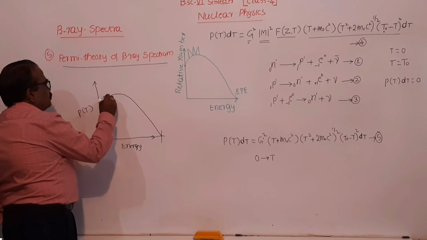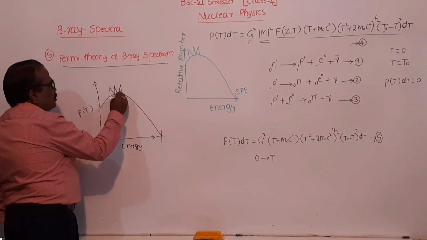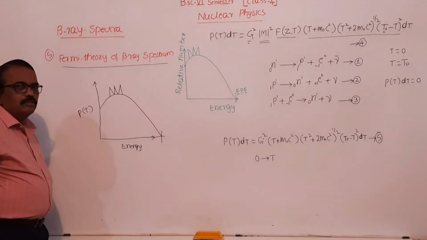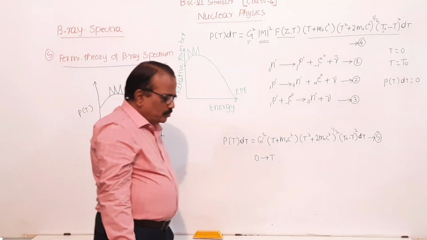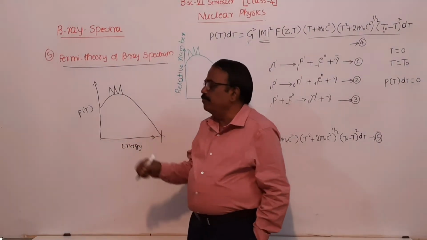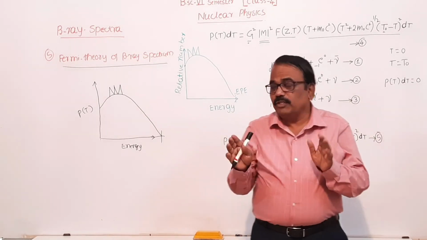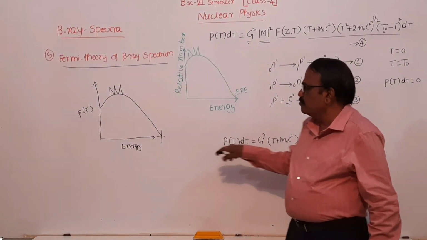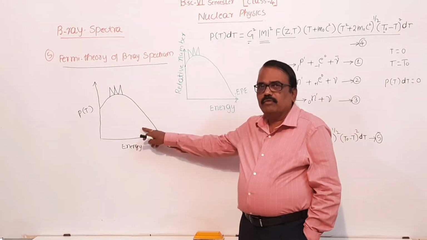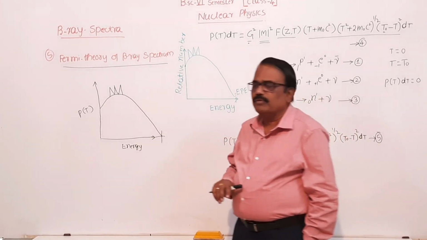Then it also shows a series of distinct lines superposed on a faint continuous background. So this theoretical spectrum agrees very well with the experimentally measured value.